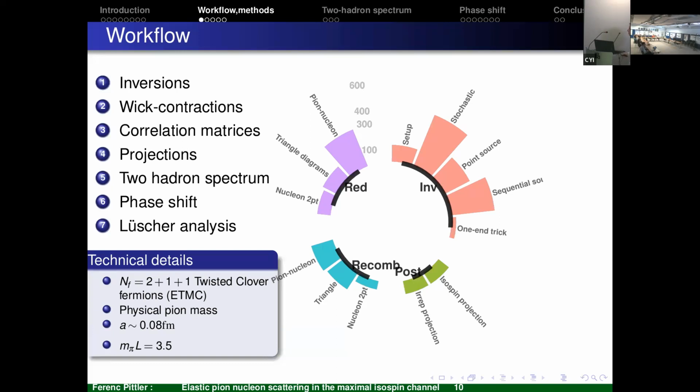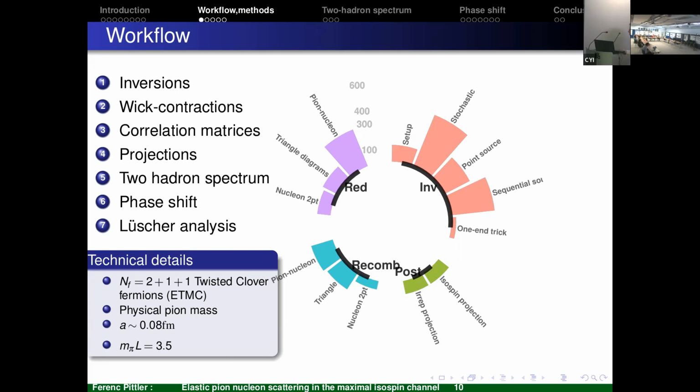Here I just show this diagram in order to illustrate the cost of each part of the calculation. This one means the inversion. As you can see, it dominates the calculation. Also expensive is the contraction, the so-called reduction in this figure, which is sizable.